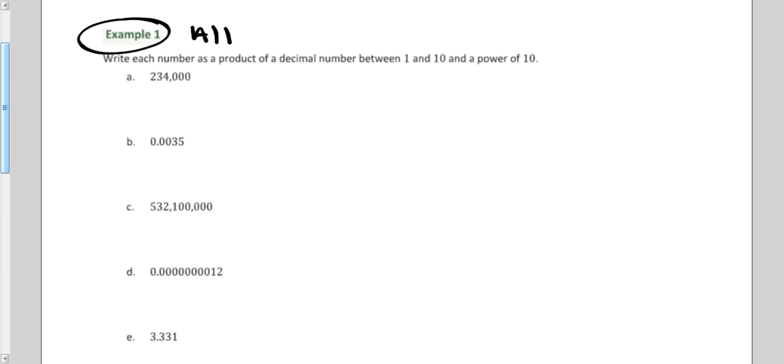Okay, so put the decimal point there. And now times 10. Now you're going to write times 10. And then how many times do I have to move this decimal point? Now we're going to take that decimal point and put it right there, right? How many times do I have to move it? So then that's the exponent of it. Does that make sense?